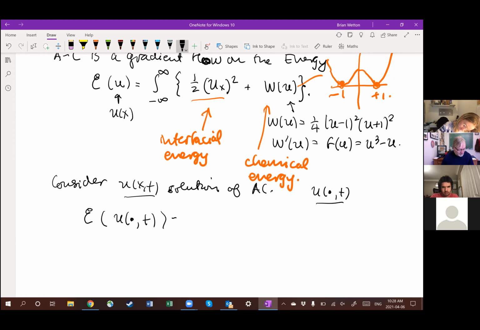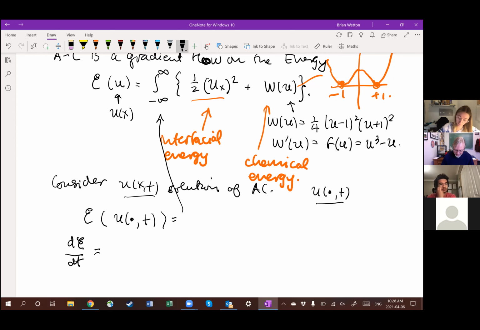Right? So this is this thing up here. And now I'm going to look at how that changes in time. This E is just a scalar, right? It's just a number, a positive number. And I'm going to show that it has to decrease in time, and in a particular way, which you can identify as a gradient flow.